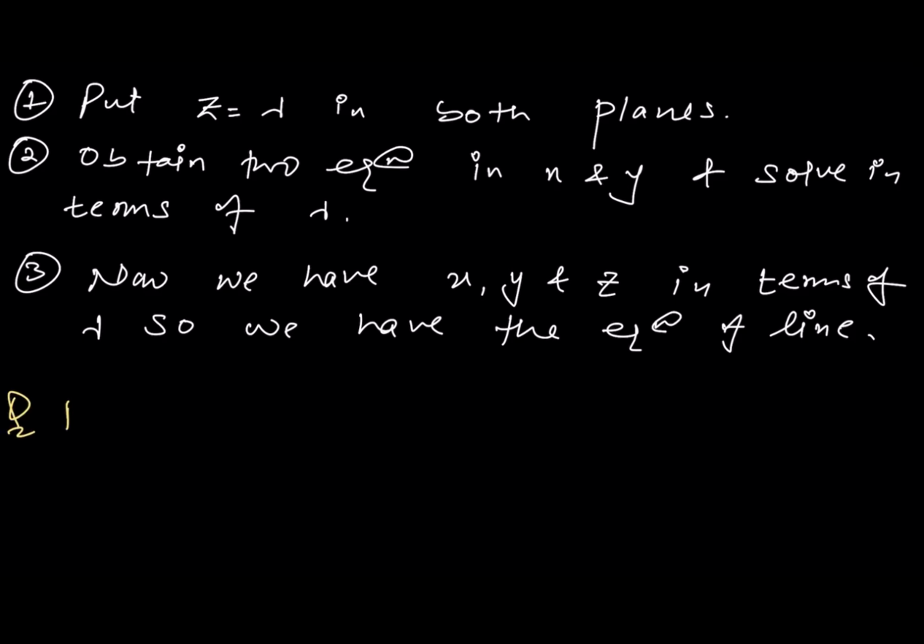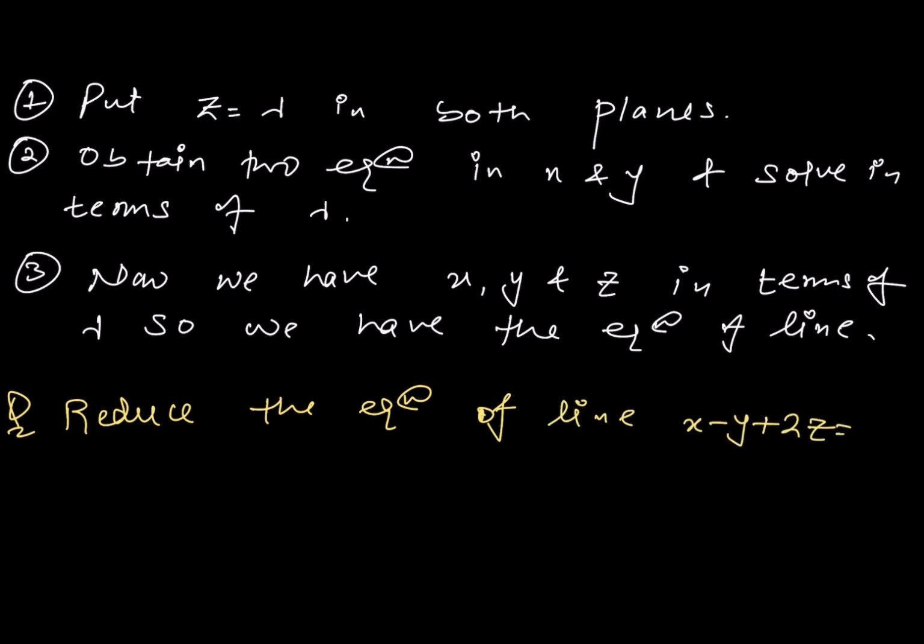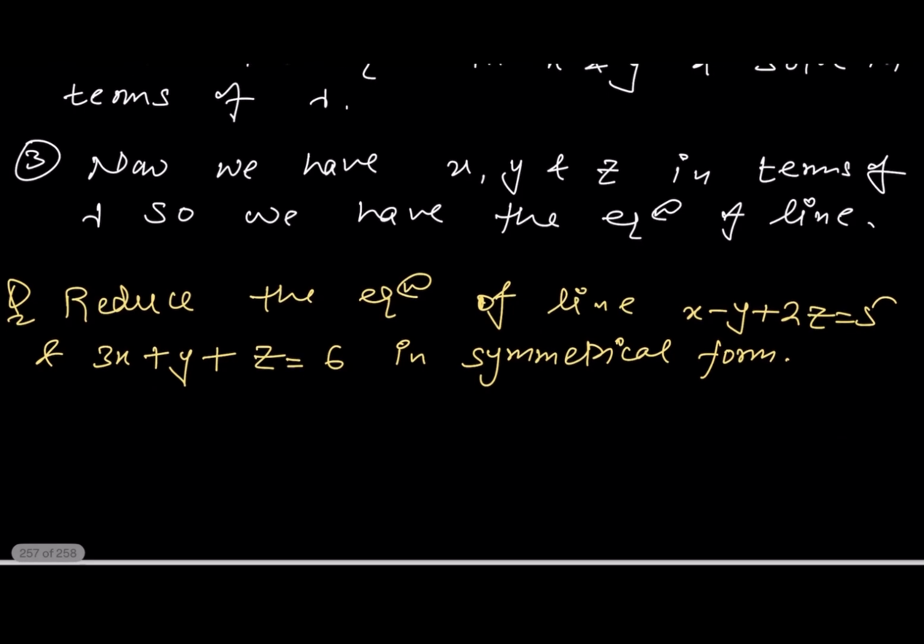Question is, reduce the equation of line x minus y plus 2z is equal to 5 and 3x plus y plus z is equal to 6 in symmetrical form. Okay, so for this we will put z is equal to lambda, right?